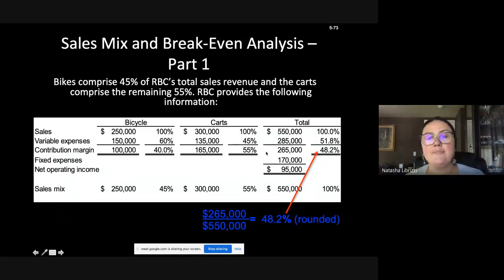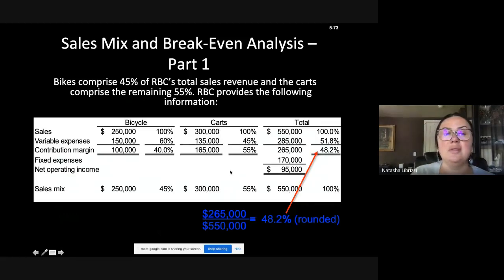How do we do that? My sales mix consists of $550,000. If I take 250 divided by 550, it's 45% of sales driven from bicycles. And if I take 300 divided by 550, I get 55% driven from carts.